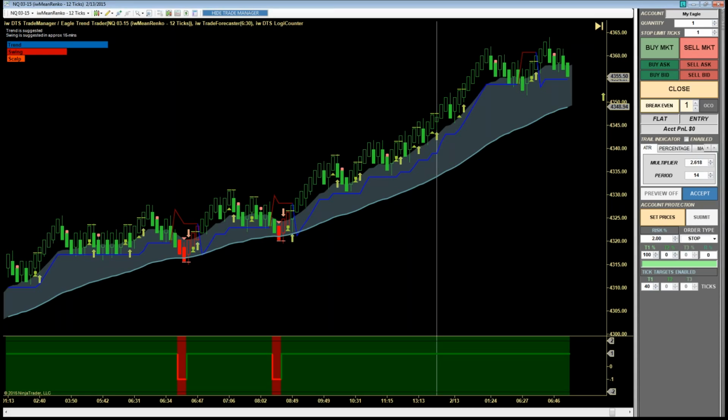This is an eagle band, we call it the eagle band, and it gives us our directional bias. All right, so when the soft edge is above the hard edge, we're looking for buying opportunities. When the soft edge is below the hard edge, we're looking for selling opportunities.